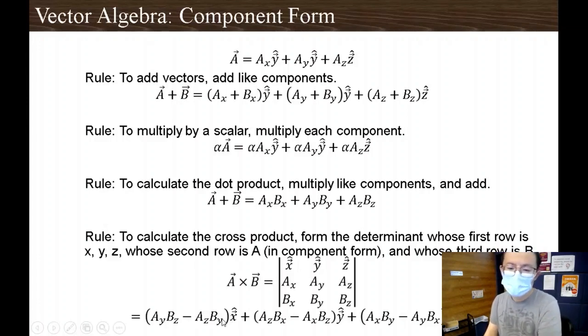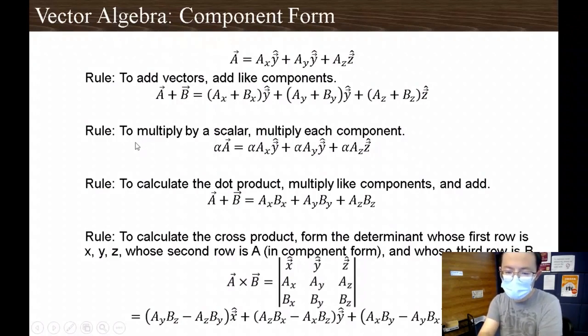For example, you can readily find out how vector A and vector B sum up together, and that gives you this component form, and you can prove what I talked about before. Everything can be understood in this component form.